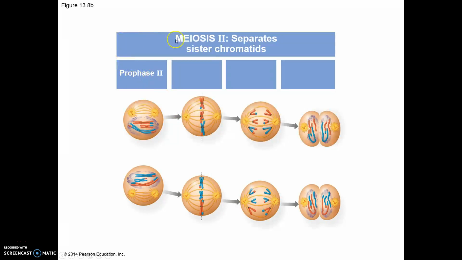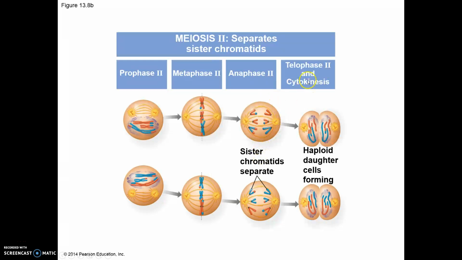So going into meiosis 2, we have prophase 2, and metaphase 2, and then anaphase 2, and telophase and cytokinesis 2. Okay, so here we do get individual chromosomes, chromosome pairs lining up along the metaphase plate. Those get pulled into single chromosomes. And now we have haploid cells occurring in what is now 4 daughter cells.